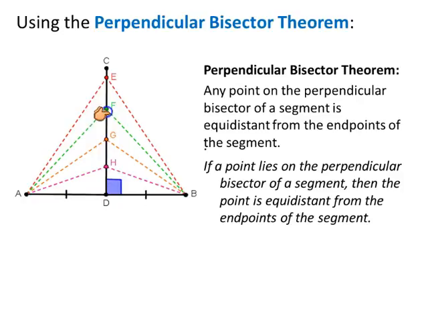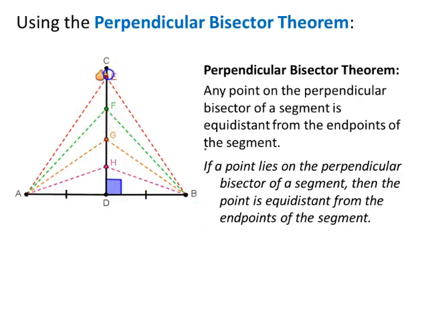So any point on the perpendicular bisector, let's say point F, is going to be the same distance from the endpoints of line segment AB. What we're saying is the distance from A to F has to be equal to the distance from F to B.